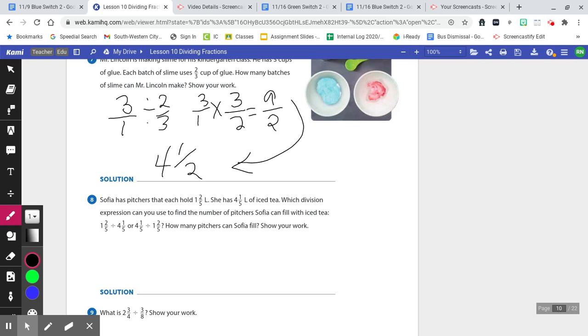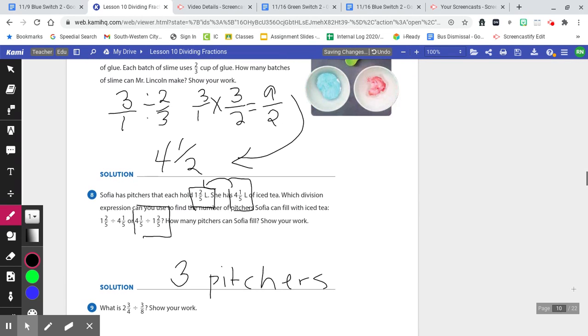You should have gotten 4 1/5 divided by 1 2/5 because this is the amount she has, and she wants to divide it into those groups of 1 2/5. So she can fill 3 pitchers, because 1 2/5 goes into 4 1/5 3 times.